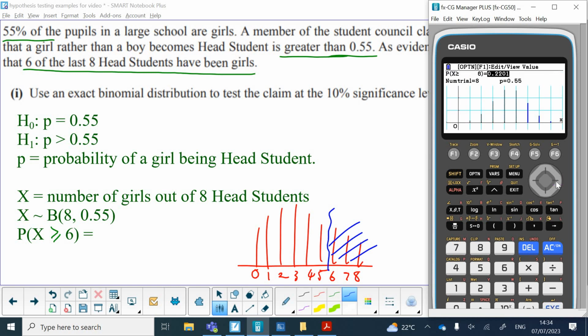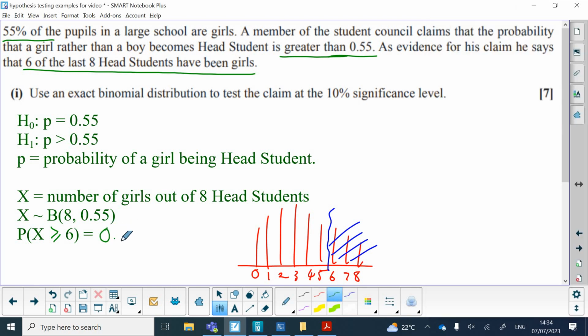It's 0.220. So that's what this blue bit over here is. Now our significance level is 10% this time. If we had our cutoff for that, that's going to be smaller somewhere, isn't it?